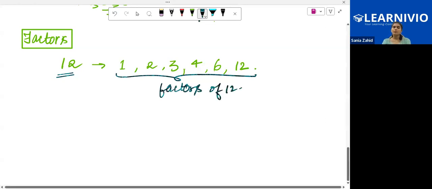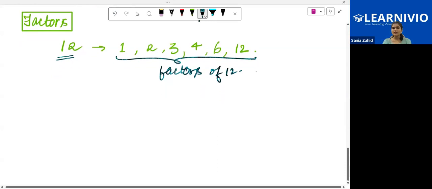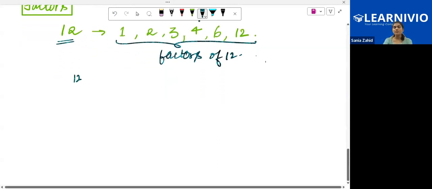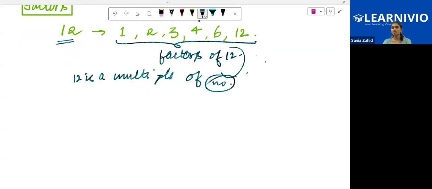One way of saying this is that these numbers are factors of 12. The other way of saying this is that 12 is a multiple of these numbers. 12 is a multiple of 1, of 2, of 3, 4, 6, and 12 as well.